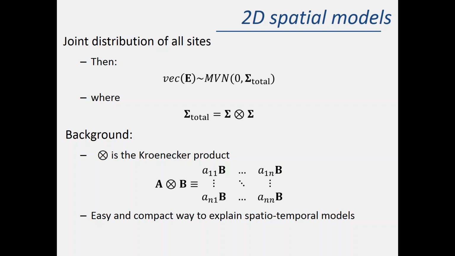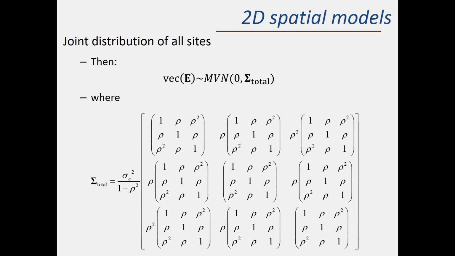But the point of a Kronecker product is it's doing a block, it's called an outer product, where if you have a 3 by 3 matrix, the Kronecker product of that and another 3 by 3 matrix is a 9 by 9 matrix. So it multiplies the dimensionality of those matrices.